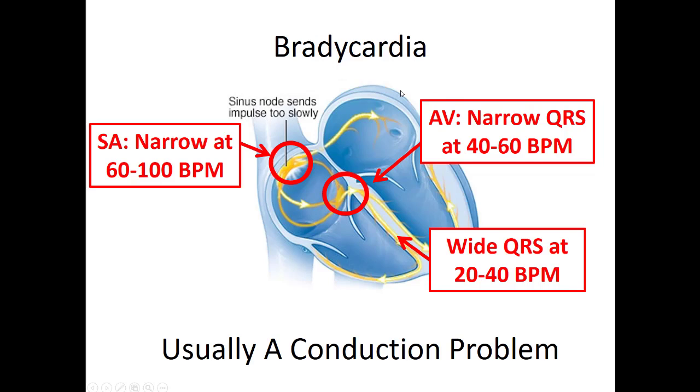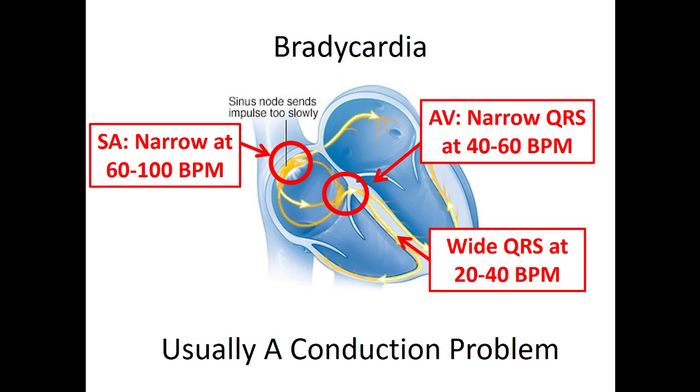Our heart still has some redundancy built in, because it's so important to keep this organism alive. The ventricles are going to do their best to take over and organize some cardiac activity to pump blood to where it needs to go. But if the ventricles have taken over, the best they can do with their automaticity and their intrinsic rate is between 20 and 40 beats per minute.